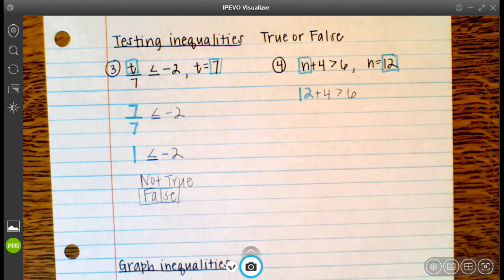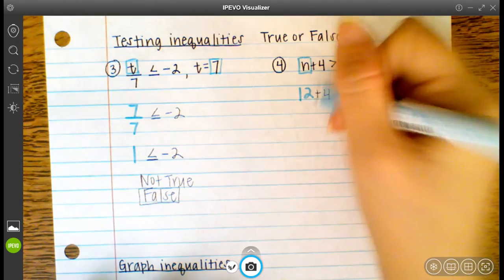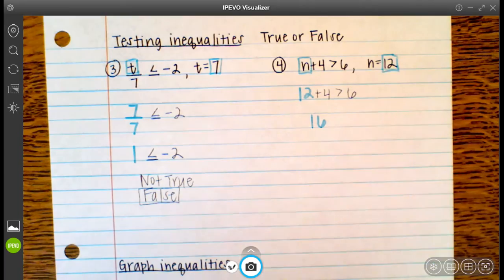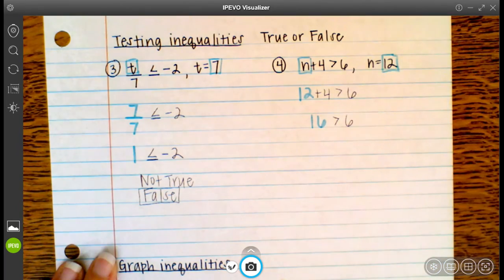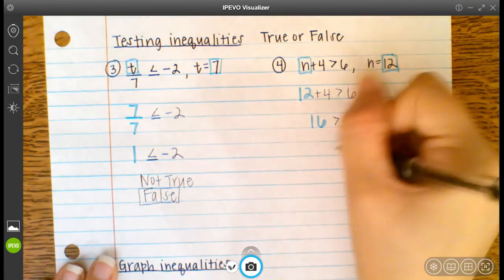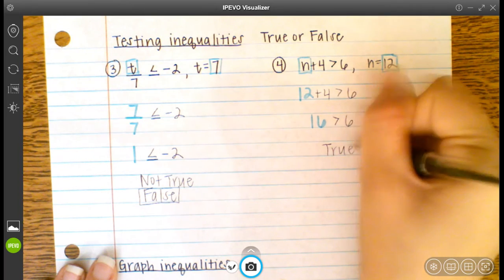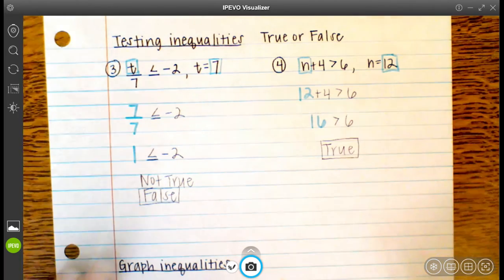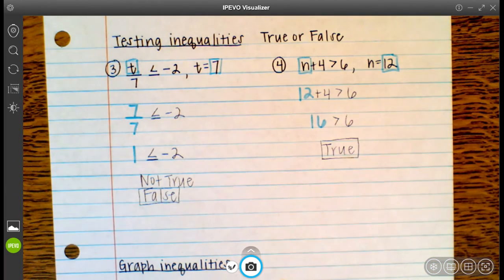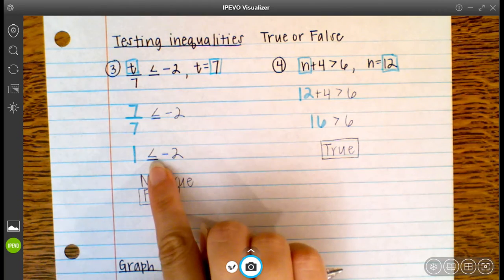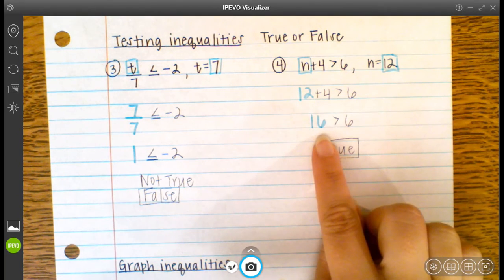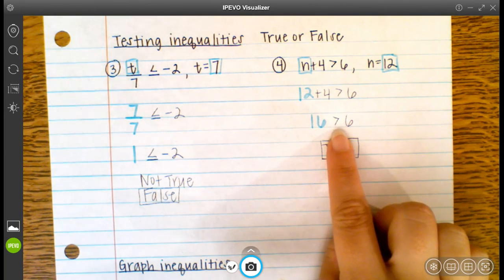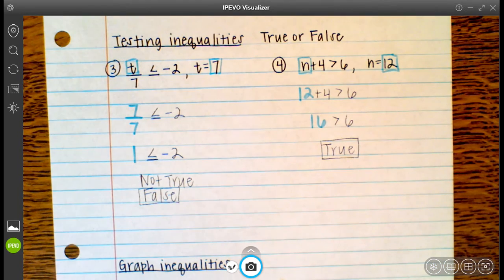So 12 plus 4 ends up giving us 16. And is 16 greater than 6? I would hope so, right? So this is, in fact, true. Not too shabby, right? You're just telling whether or not your numbers are less than or equal to, or is this number bigger than or equal to what you have?